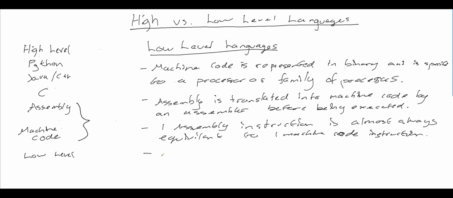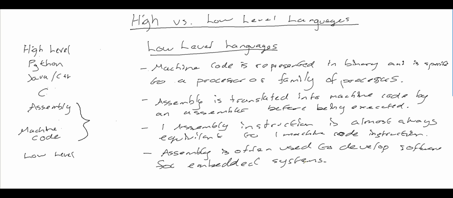The other thing about assembly language is that it's often used to develop software for embedded systems. One of the reasons for this is that with assembly language you can get much finer control over things like memory management, which is very useful if you're doing software development for embedded systems.